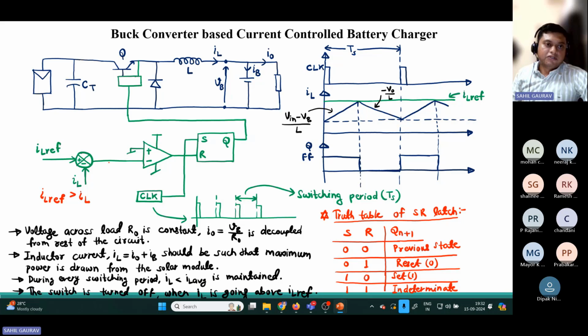So it will be a positive value, so it is high. If it is passed through this comparator, then it will give low. Low means it will have zero value. If it is zero value, then this Q signal will remain as it is at the previous state.